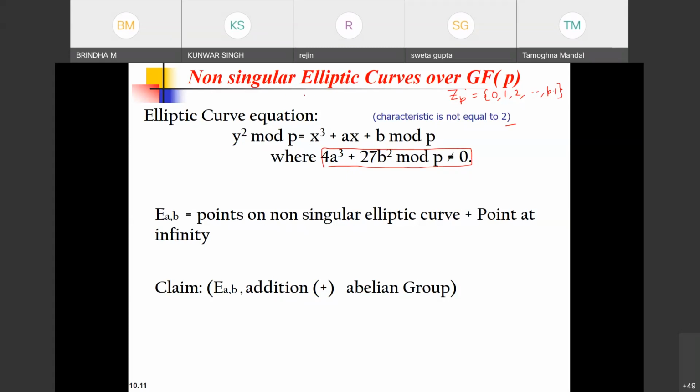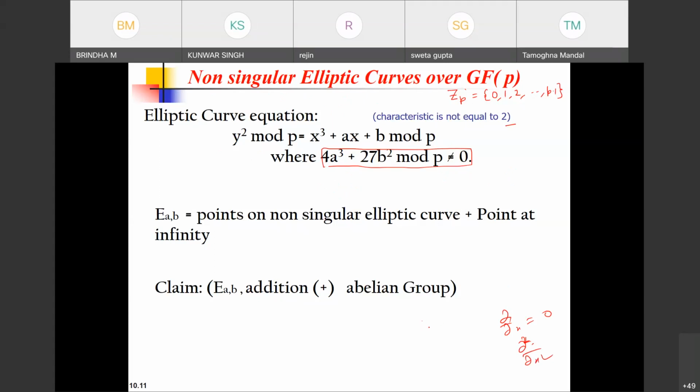Singular elliptic curves have some points where the curve behaves in a different way. You might have seen in 10+2 mathematics that singular points are those points where the partial derivative is zero, or the second derivative is also zero.